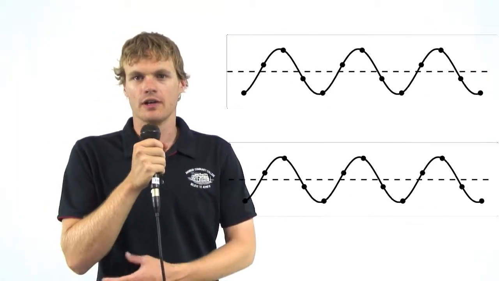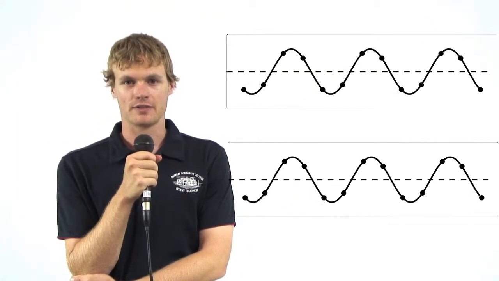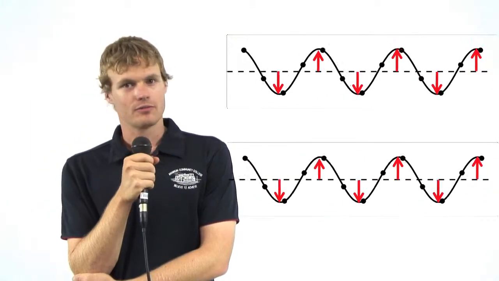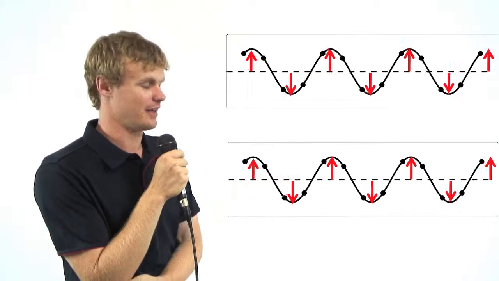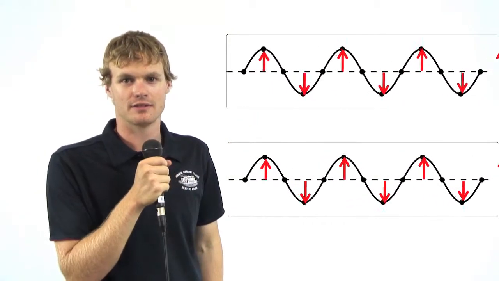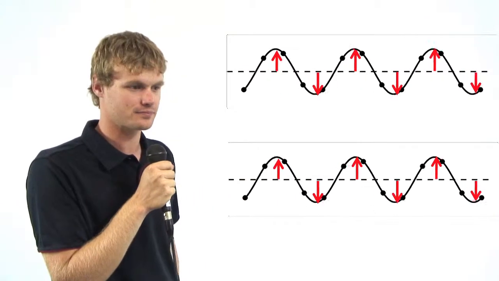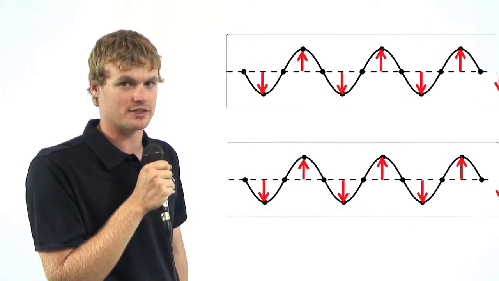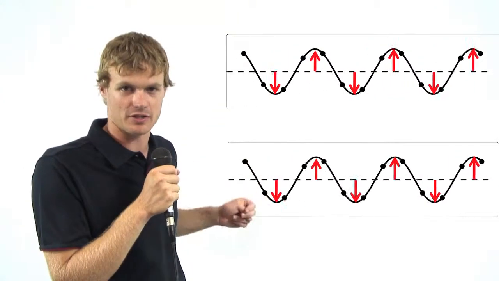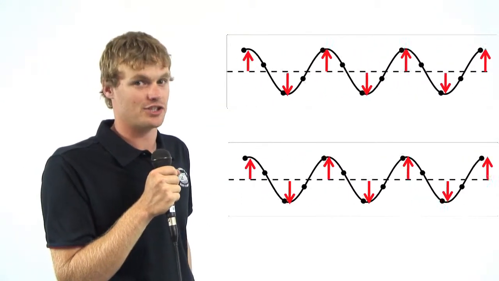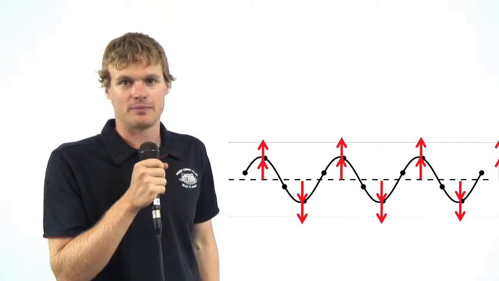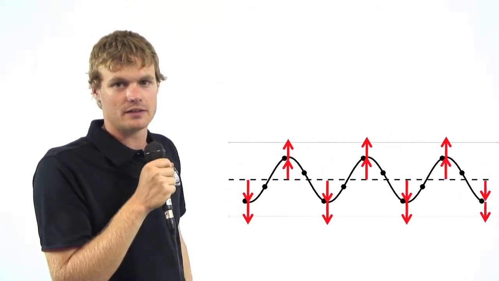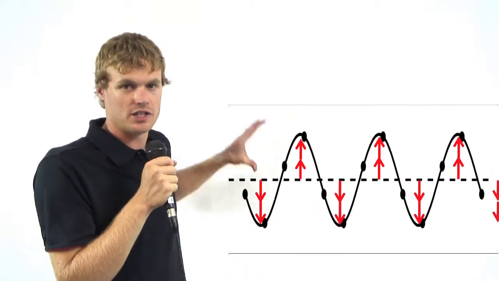So, if I draw in the vectors for both of these waves to represent the electric field, what do you think would happen if we then had both of these waves acting together at the same time? We would actually get interference between the two waves because they're both the same type of wave. We get vector addition. So we add up the electric field vectors on one of them and the other one, and the resultant wave is going to be the addition of the two of them.